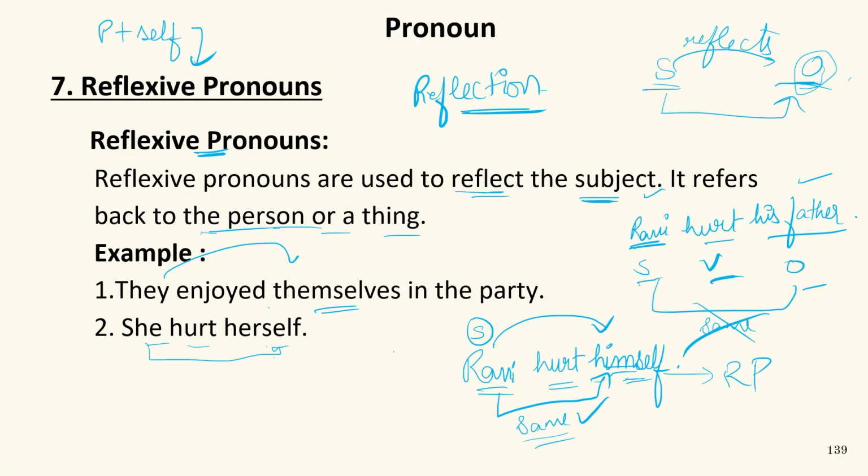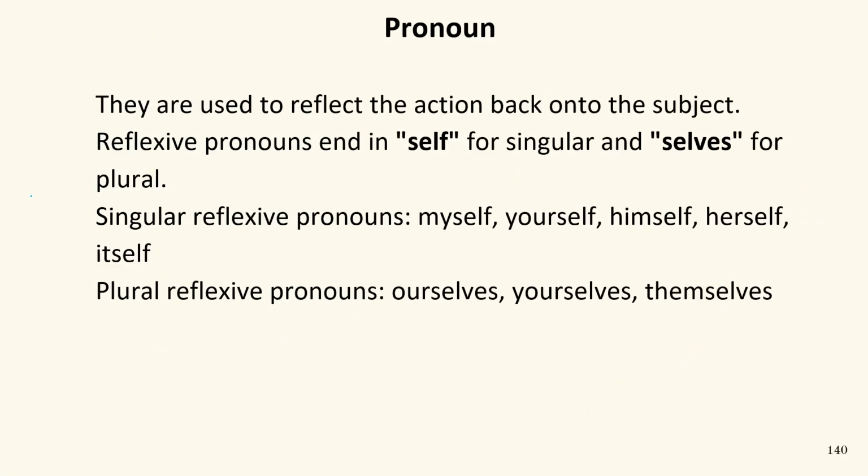Now how to use a reflexive pronoun? There is a trick, there is a pattern to use the reflexive pronoun. Let's discuss it now. Let us see how to use the word self. We know well that we have first person, second person, and third person.